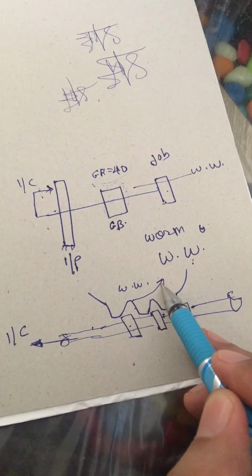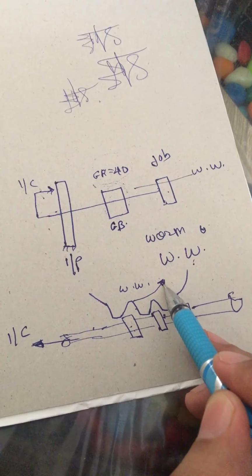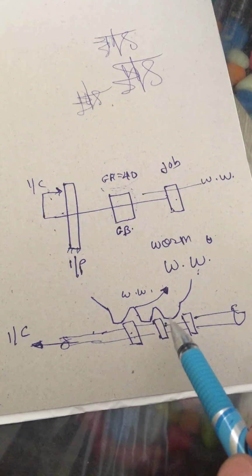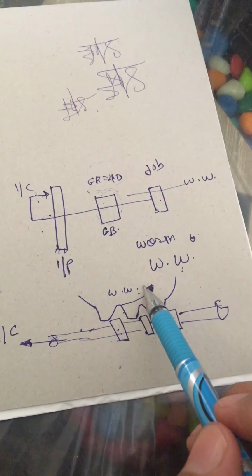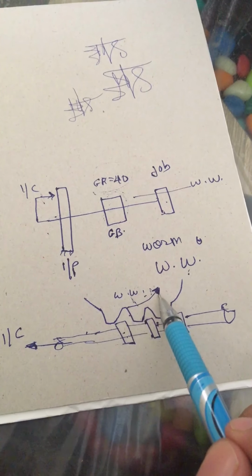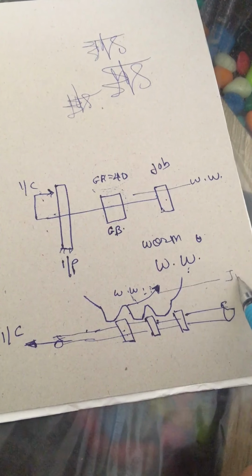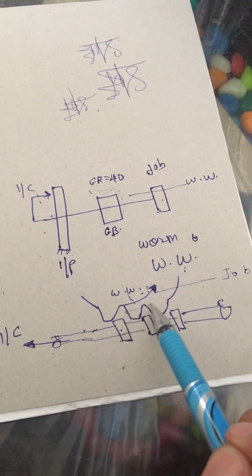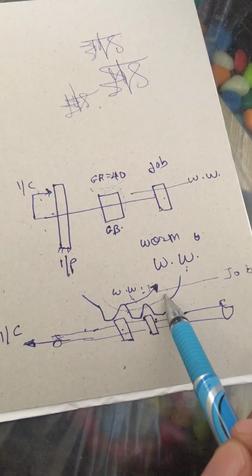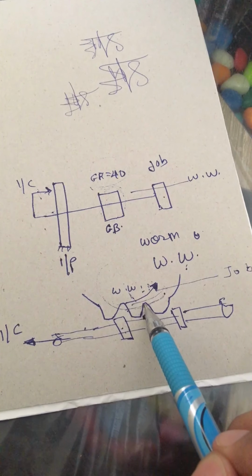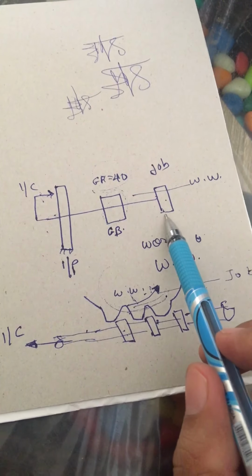This is something that we have already seen in the classes before the lockdown and at length, so I will not take much time here. As we know, this worm wheel has 40 teeth, and it is connected to the job. One full rotation of the worm wheel gives one full rotation to the job.